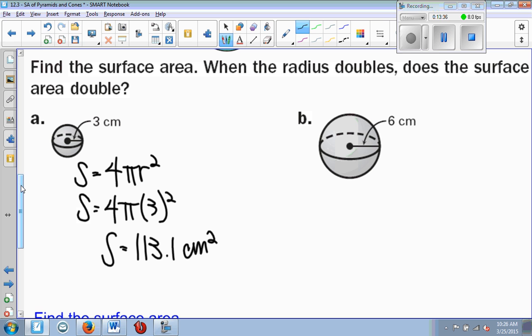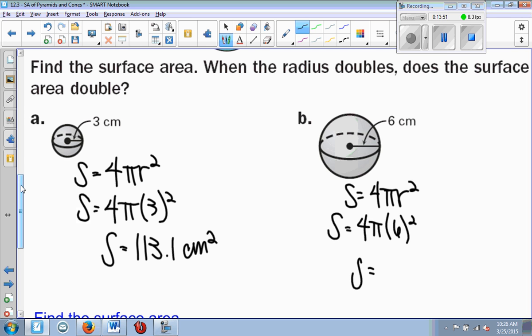So what we're going to look at in part B is we're going to see if we double the radius from 3 to 6, does the surface area double? So we're going to plug in a radius of 6 this time. And we're going to see what our calculator says. I get 452.4.